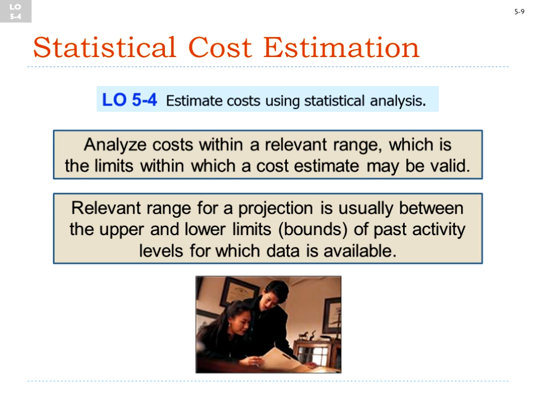Now, the third method we're going to talk about is statistical analysis, or statistical cost estimation. What we do here is we look at costs within a relevant range, and then we plot it. We take the data and we plot it, and we can do different things with it.